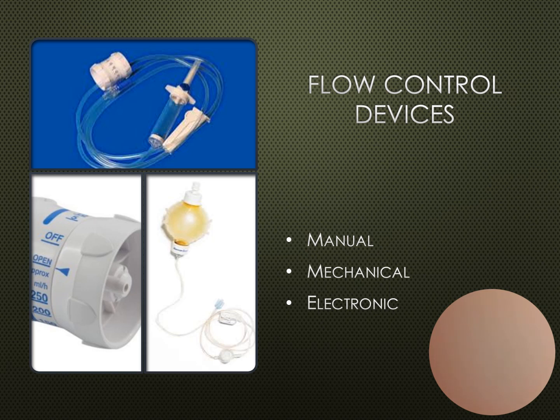Basically, this is a piece of tape on the solution container that the nurse has marked to indicate what level the fluid should be at every hour. If a solution is administered using a roller clamp to regulate the flow, it is always going to be listed in drips per minute. And if a solution is administered through an electronic infusion pump, it will always be in mLs per hour.